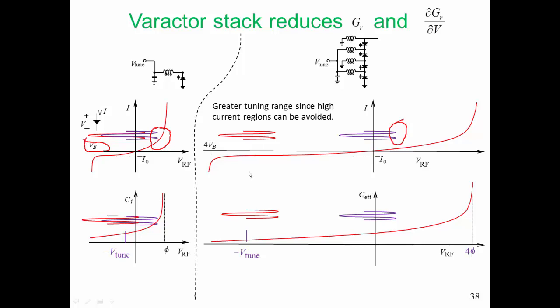But when we're with the 4 diode stack, we can keep away from that breakdown region. In fact, the effective value of that breakdown region in terms of the RF voltage itself looks as though it's 4 times VB of an individual diode, because our RF signal is equally divided across each of those Varactor diodes in the stack.